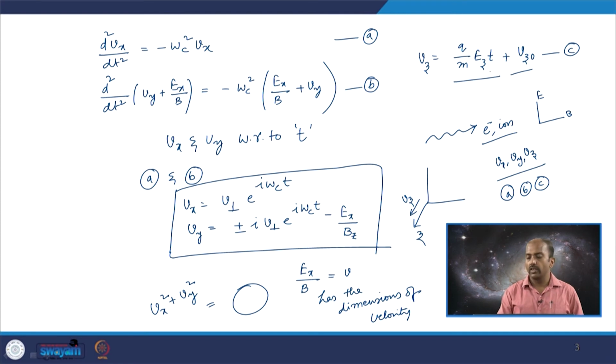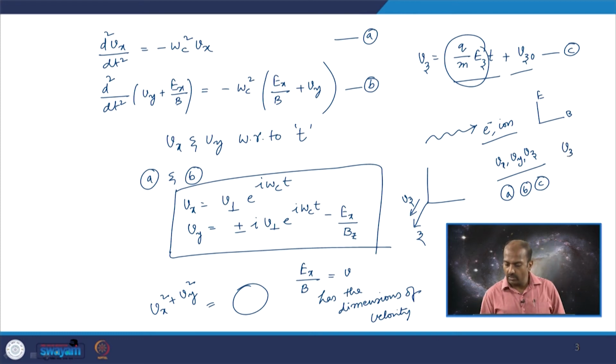This is just y is equal to mx, a linearly changing parameter. Vz depends on the charge, the mass and the electric field. Most importantly, the velocity component along the z axis changes linearly with respect to time.